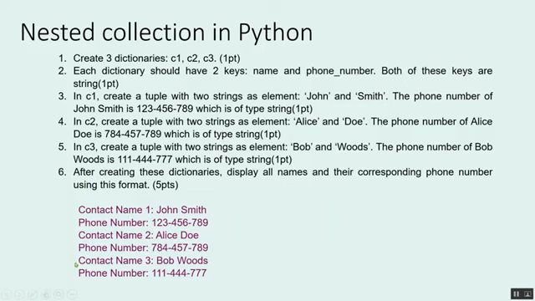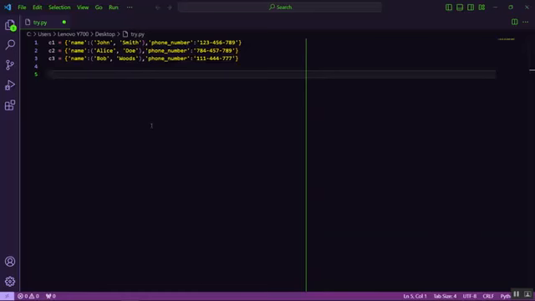So we have to build a string wherein John Smith is the contact name 1, and then its phone number is 123456789, followed by the contact name 2, which is Alice Doe, and her phone number 784-457-789, and then the last one, Bob Woods, contact name 3, and then the phone number 111-444-777. Okay, so in order for us to do that, we have to print, of course.